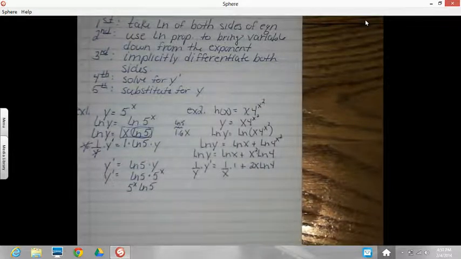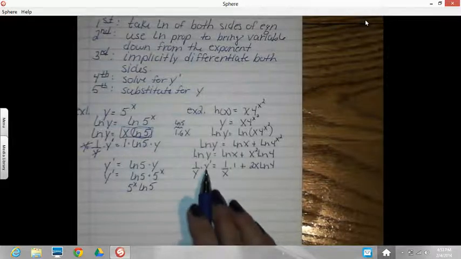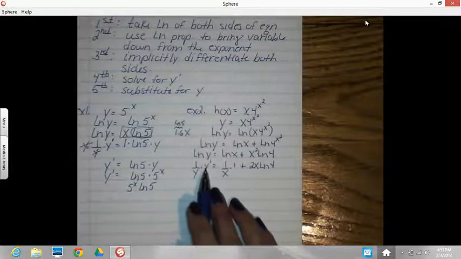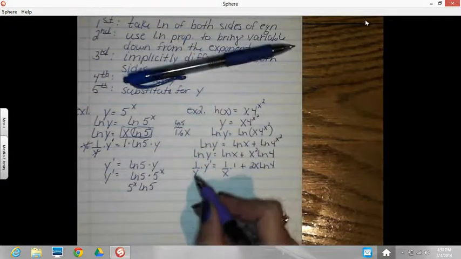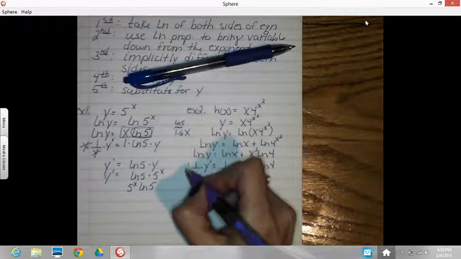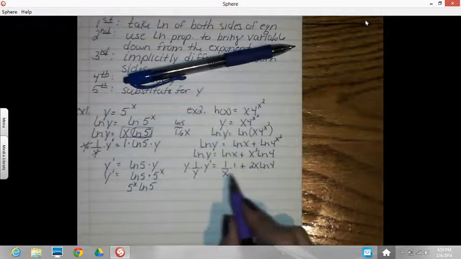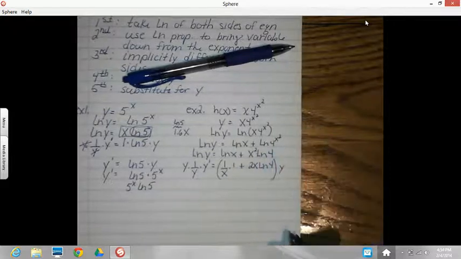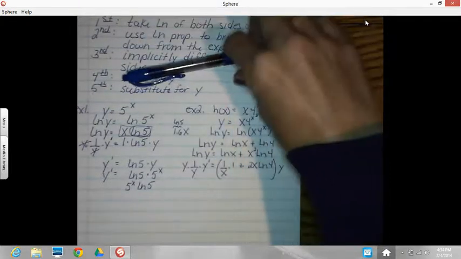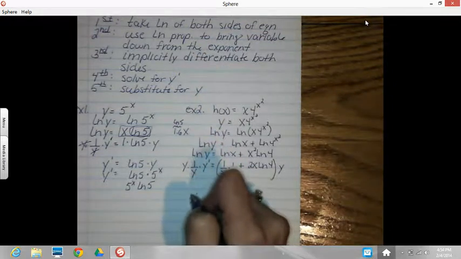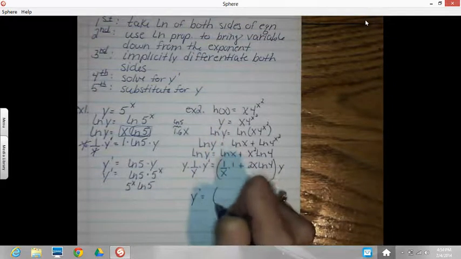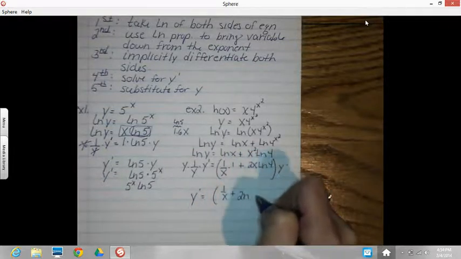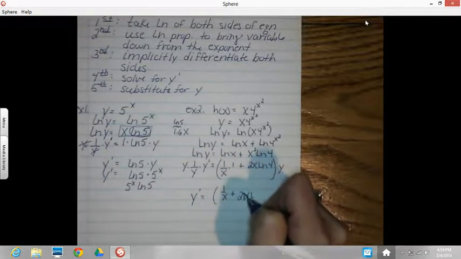Now I'm at the point where I need to solve for y prime. I need to get rid of this y. This is 1 divided by y times y prime. So for me to cancel out that y down there, I'm going to multiply both sides by y. This side has 2 terms, so I need a set of parentheses, times y. So y prime equals 1 over x plus 2x natural log of 4.